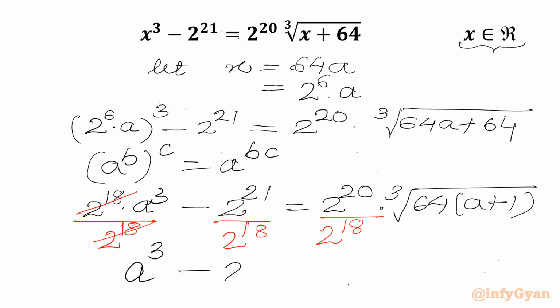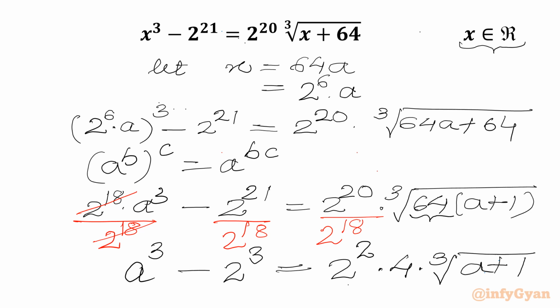This will give us 2 raised to the power 21 minus 18, so 3, equal to 2 raised to the power 20 minus 18, so 2 power 2 times, I can write cube root 64 as 4. So it will be 4 times cube root of a plus 1.